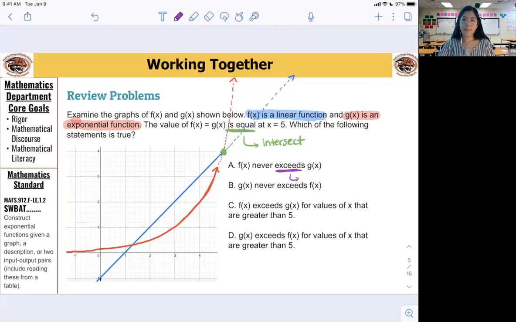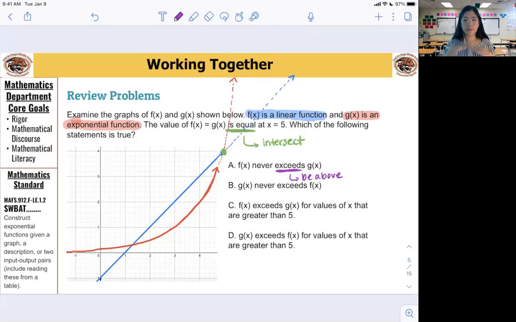When you exceed at something, are you doing well or poorly? You're doing well, right? So on a graph, to exceed just means to be above.